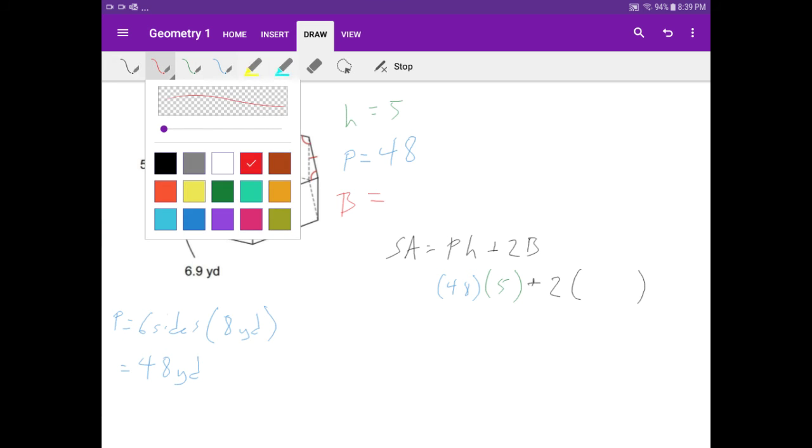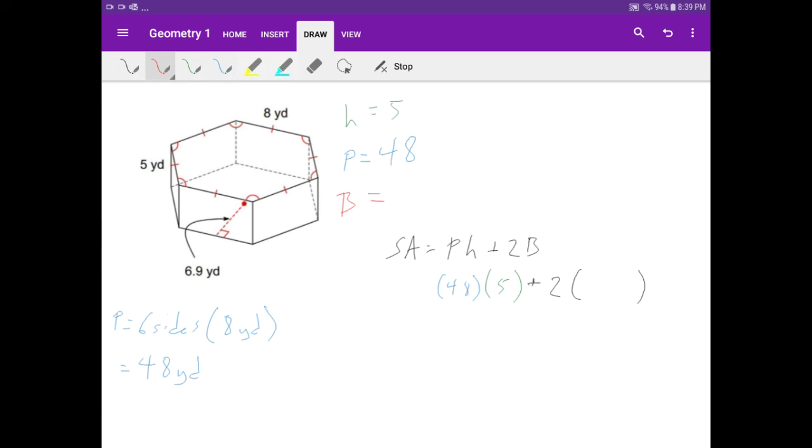So we'll go back to our formula. The area is 1/2 apothem times perimeter. So your apothem is 6.9. So 1/2 times 6.9. Your perimeter we found earlier was 48.